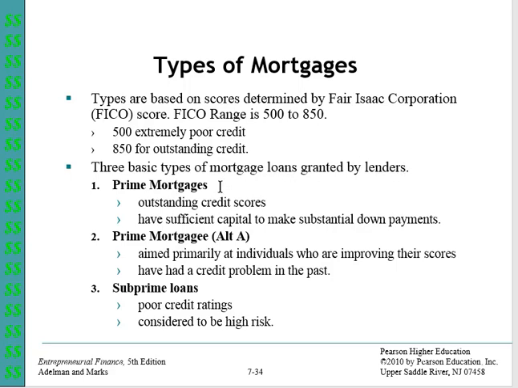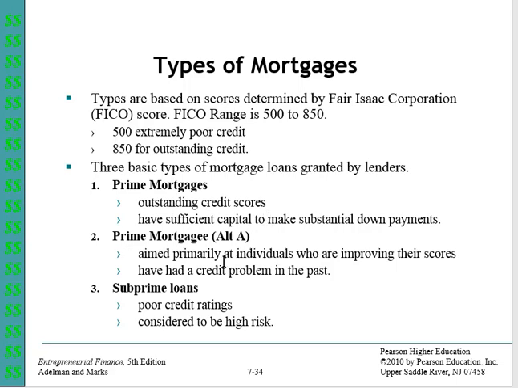A prime mortgage is for those people who have outstanding credit scores. Maybe a 700 or a 750 plus would get you a prime loan. This basically means you have sufficient capital to make down payments and you have a good credit history.